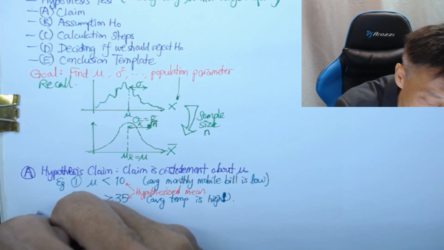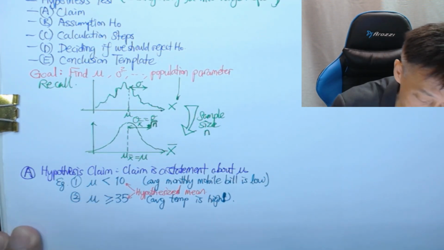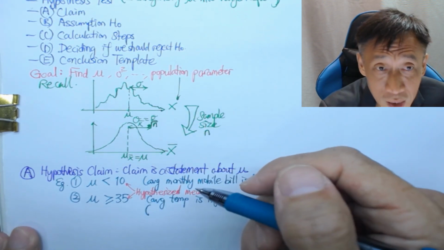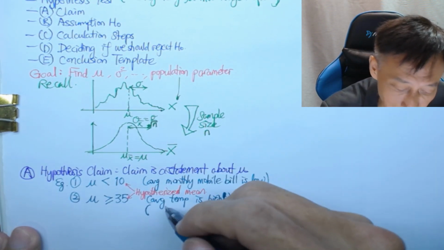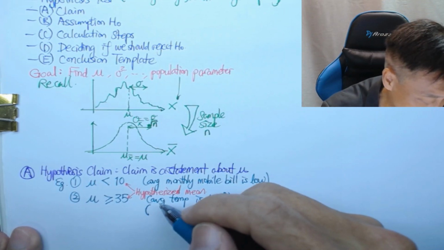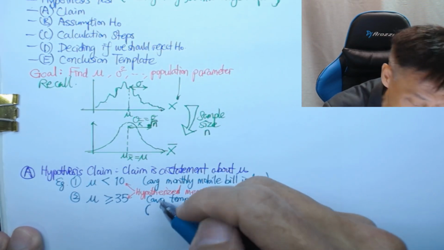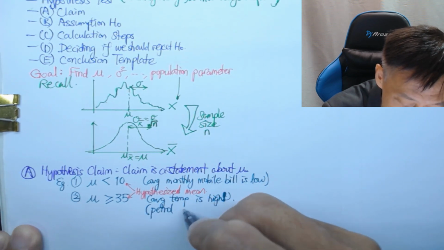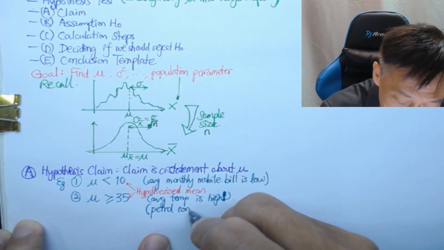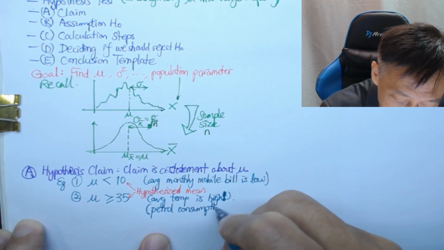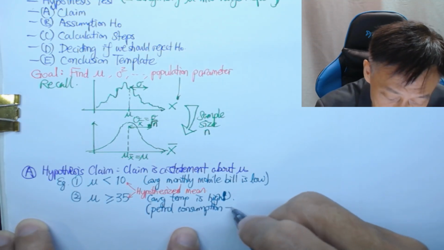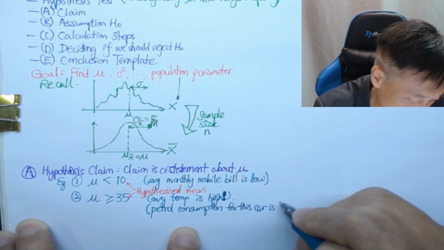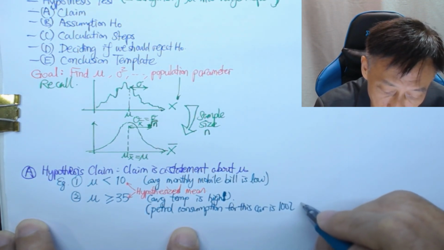So the rule is, before I go to the rule, another third way of asserting a claim is that the average petrol consumption for this particular car, right, is 100 liters per week.